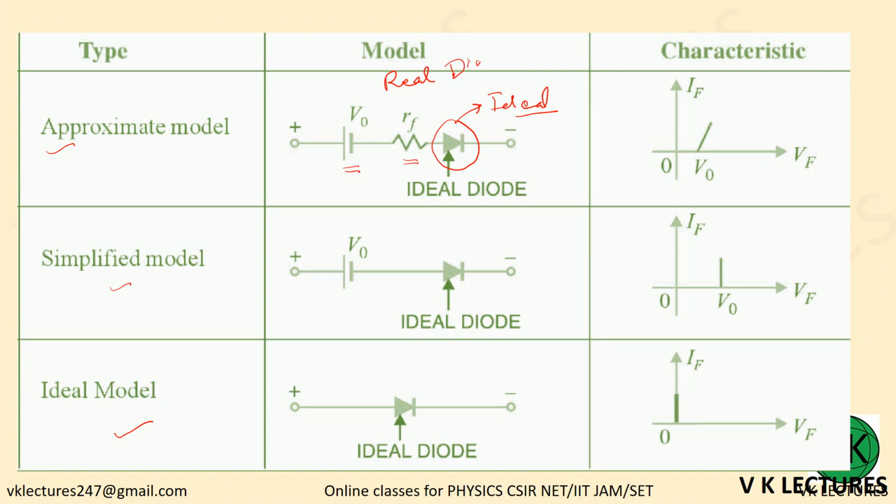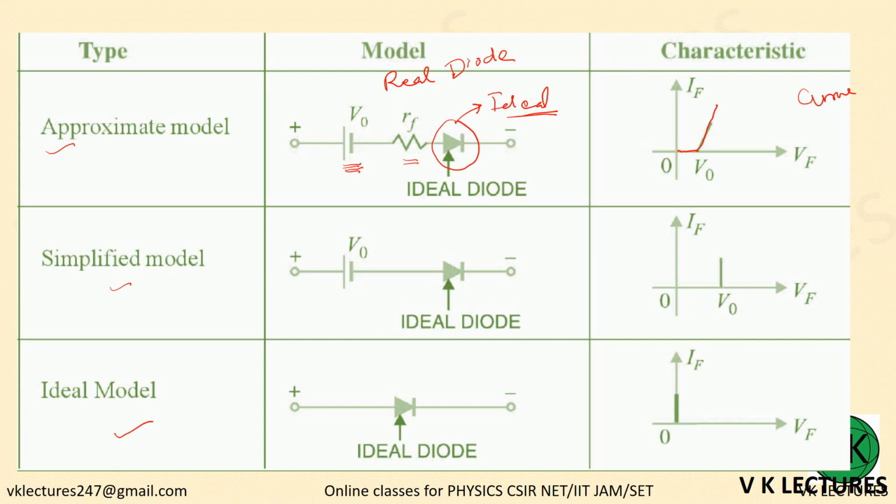The real diode is nothing but a combination of an ideal diode, RF, that is the forward resistance, and V0, the barrier voltage. How do you get the characteristic curve? It is similar to this. For up to V0 there is no current, and after V0 the current increases. So this is an approximate model. That means this is how all diodes in electronic circuits will behave.